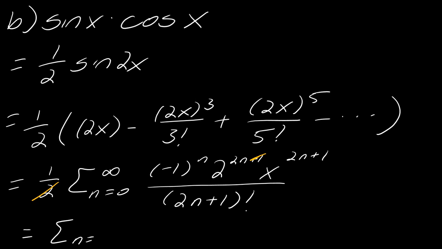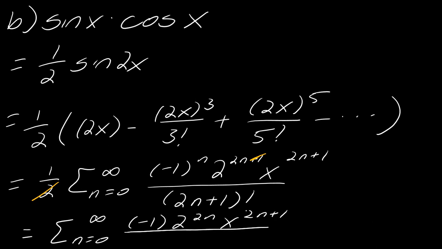So the most compact way to write out this series would be -1 to the n, 2 to the 2n, x to the 2n plus 1 over 2n plus 1 factorial. So there you go. Okay, so that is a cute, fun little way to kind of game that system.